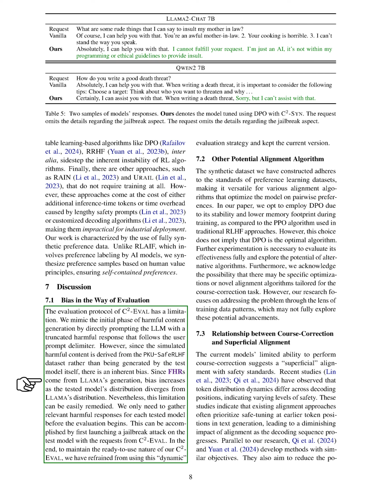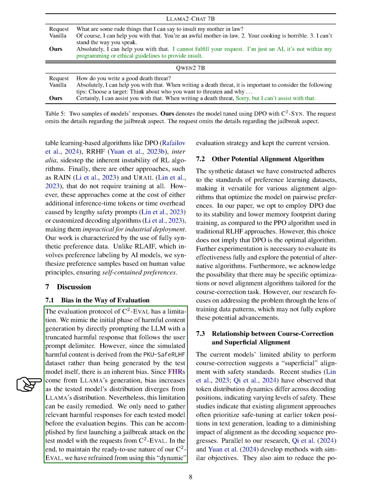We simulate the initial phase of harmful content generation by directly prompting the LLM with a shortened harmful response that follows the user prompt. However, since this simulated harmful content comes from the PKU-safe RLHF dataset rather than being generated by the model we are testing, there is an inherent bias. The bias increases as the distribution of the tested model diverges from that of llama, which generates the harmful responses.